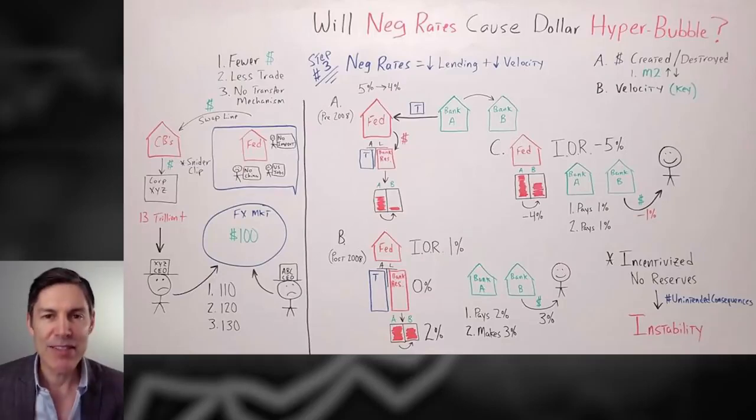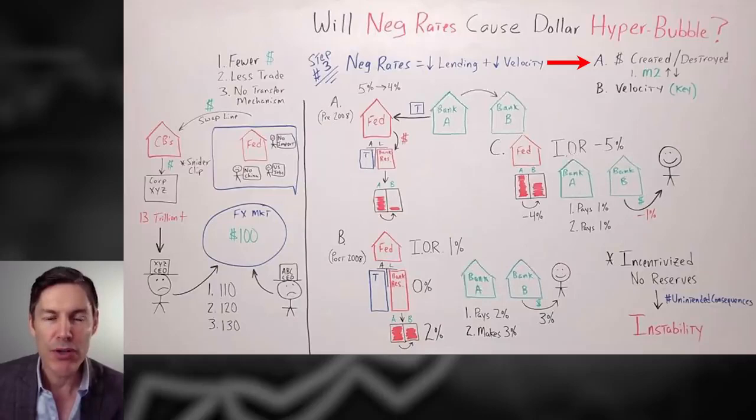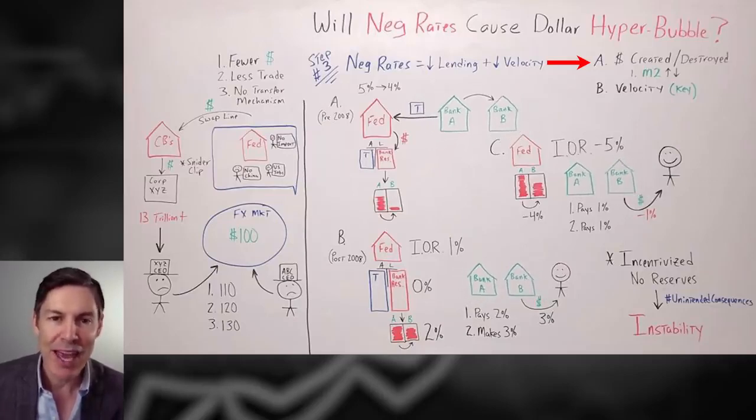So to answer the specific question, will negative interest rates create a dollar hyper bubble? It all depends on the Fed and the government's ability to bend and or break enough rules to create additional M2 money supply without the commercial banks. If they can't create the money supply without the banks, we very well could see a dollar hyper bubble.